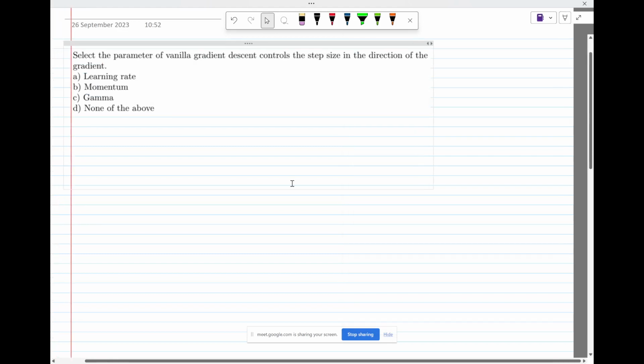Select the parameter of vanilla gradient descent that controls the step size in the direction of the gradient.